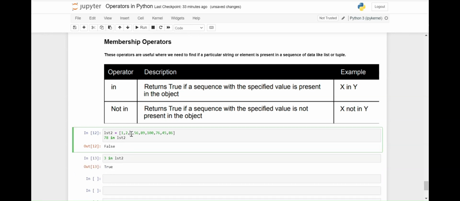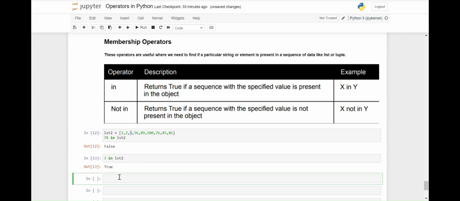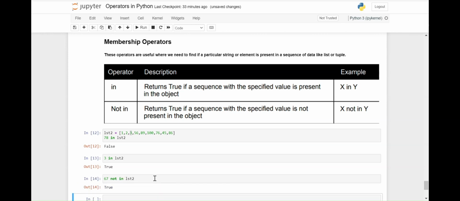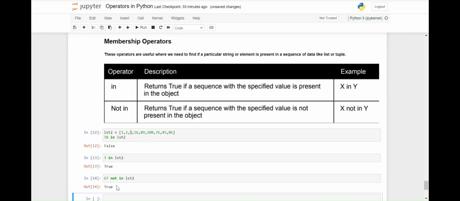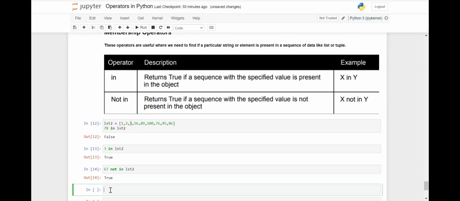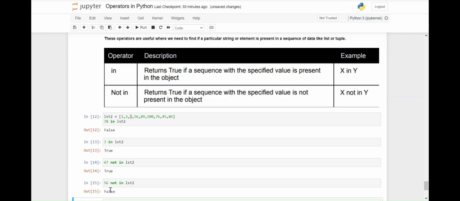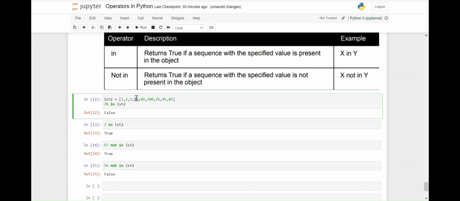See, because 3 is there, 78 was not. Let's see for not in. Is 67 not in list 2? We don't have 67, so it is true. Is 56 not in list 2? False, because we have 56.